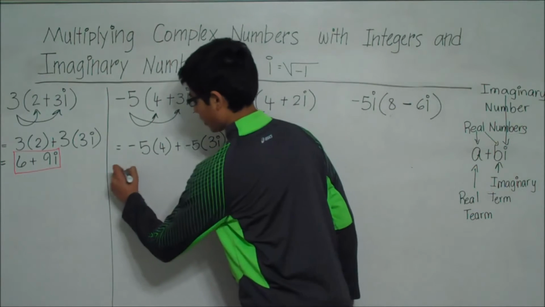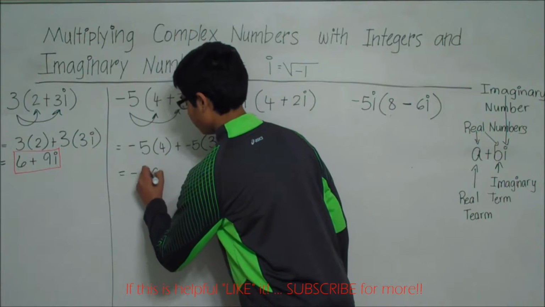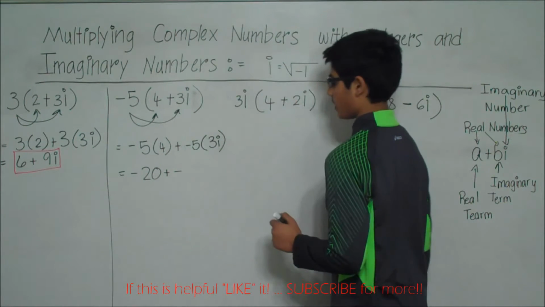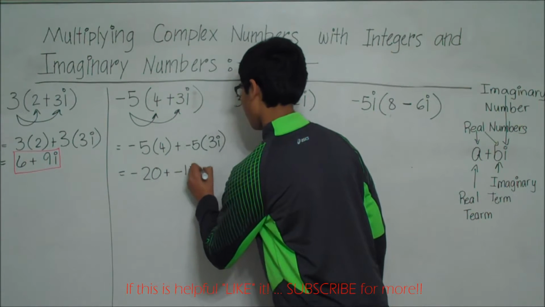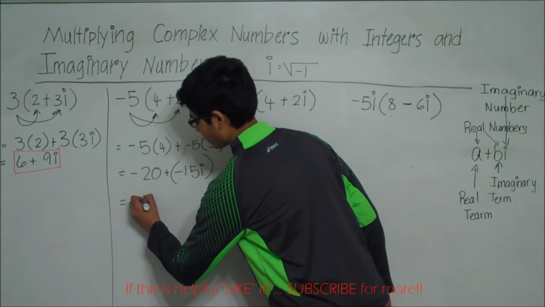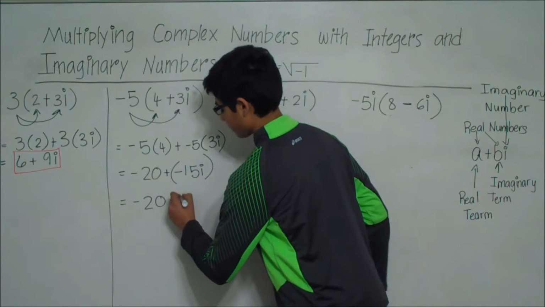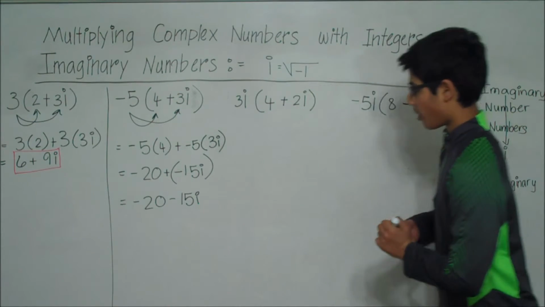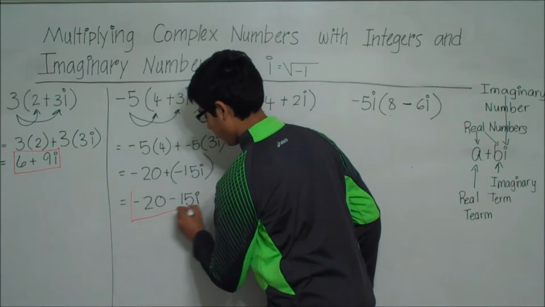So this is equal to -5 times 4 is -20 plus -5 times 3i, which is -15i. And we know that plus and minus becomes minus, so the answer to the second problem is -20 minus 15i.